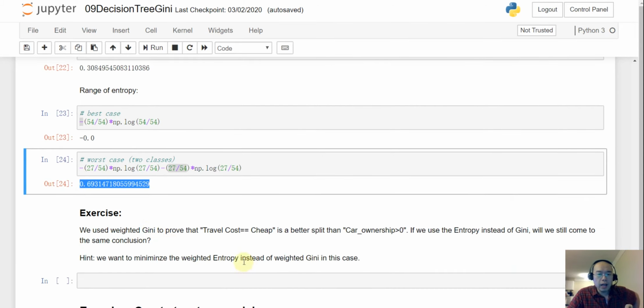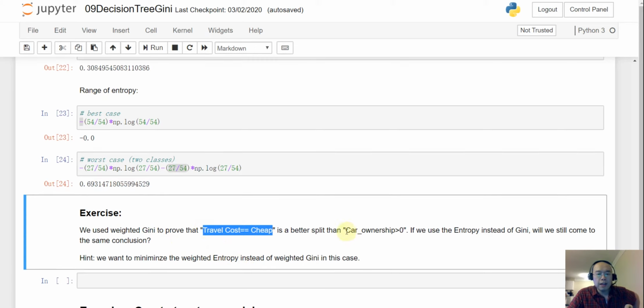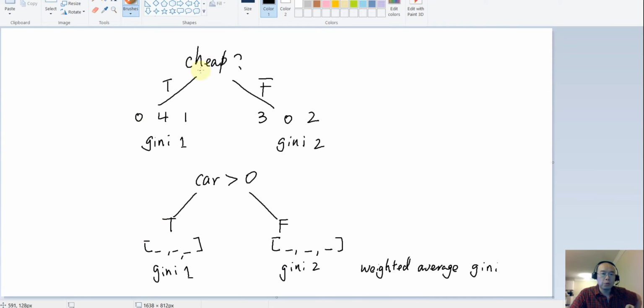So just now we have figured out that the trivial cost equals chip is a better split than the car ownership greater than 0. But we did this on the weighted average Gini, right? So we still want to do those two splits again. So we want to do the chip and the car ownership greater than 0.